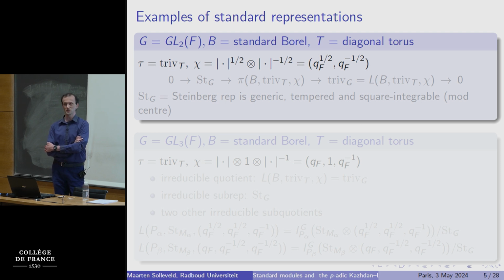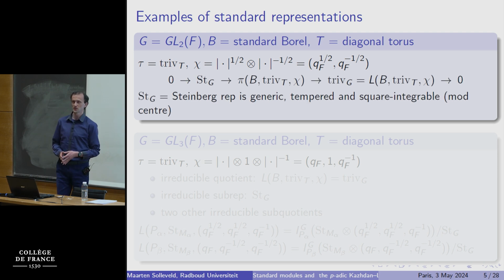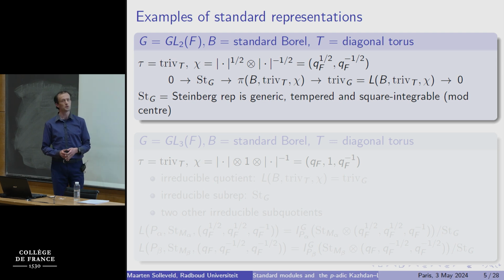You have to choose it precisely if you want to have reducibility, and one way to choose it precisely is to take the square root of the norm character and the inverse of the square root of the norm character. If you do that, you get a representation which actually has length 2, and in this case it has the trivial representation as a quotient and the Steinberg representation of GL2 as a sub-representation.